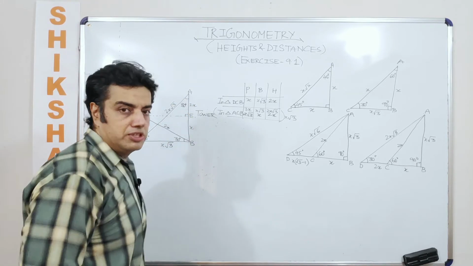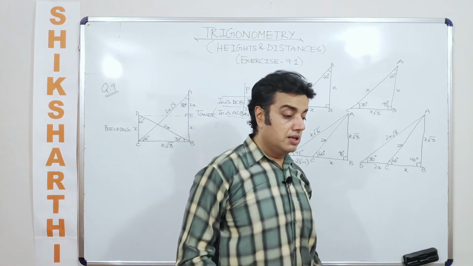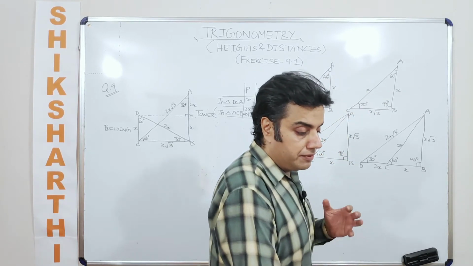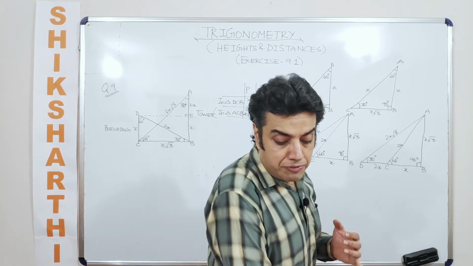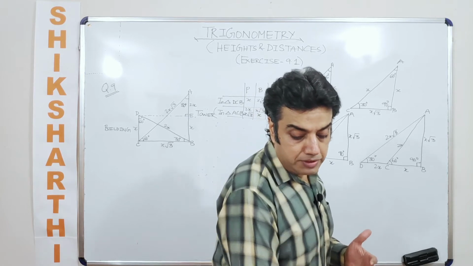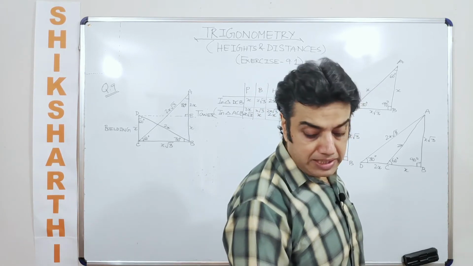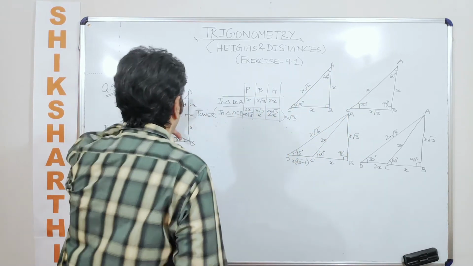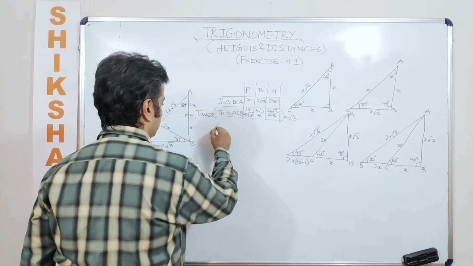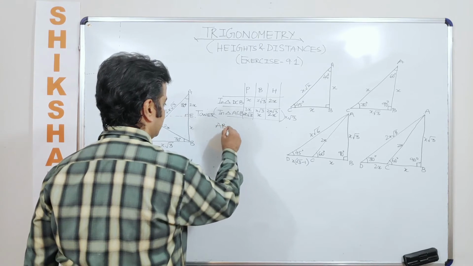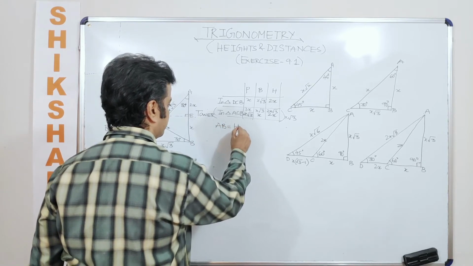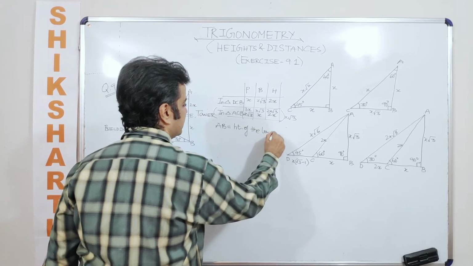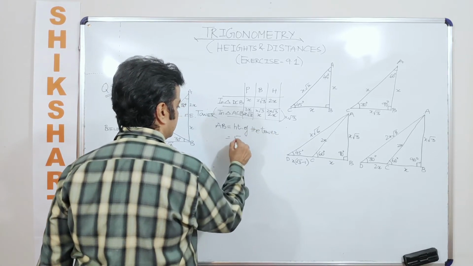Let us see what is the information given in the question and what is the information that they are seeking. If the tower is 50 meters high, find the height of the building. The tower is 50 meters high, so AB is nothing but the height of the tower, which is given to us as 50 meters.